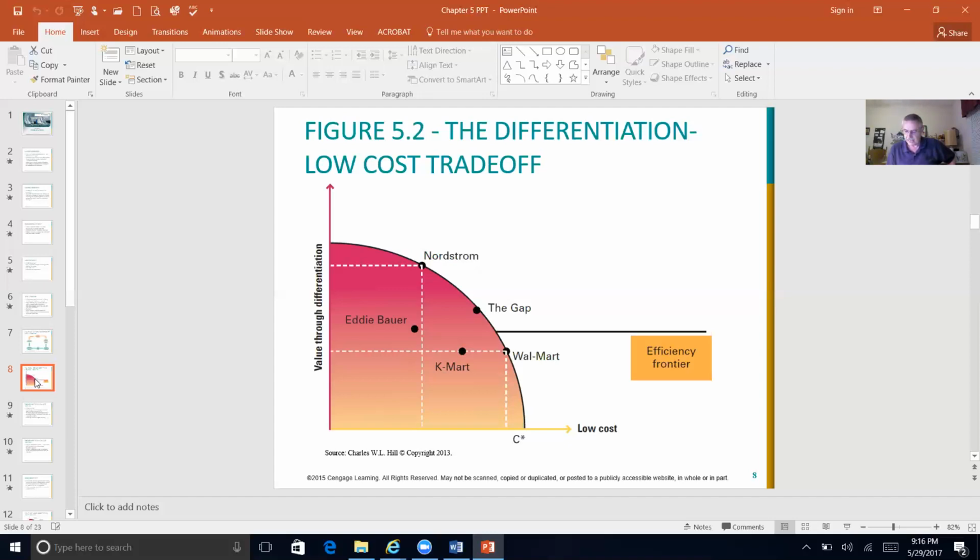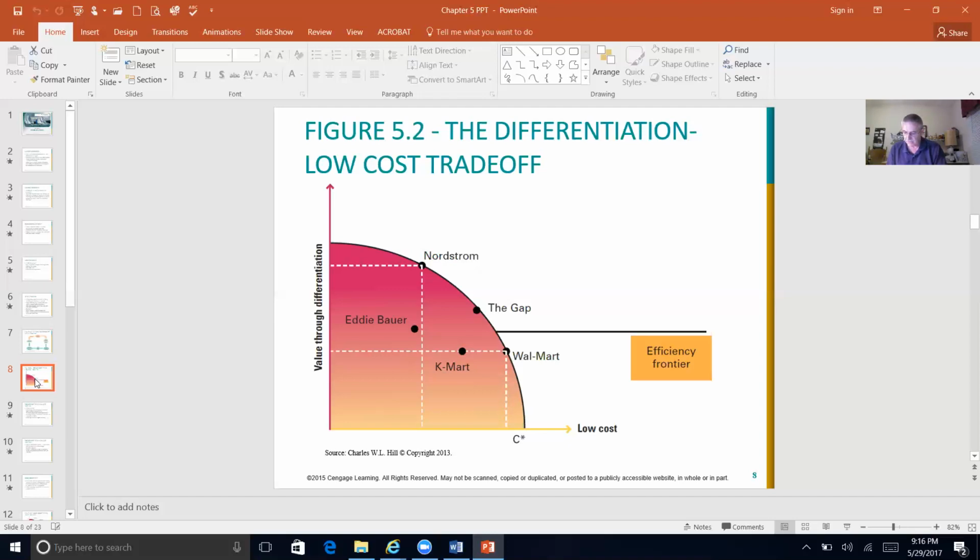And if you look at this convex shape, it is convex because it has diminishing returns, which implies that when an enterprise already has a significant differentiation built into its product offering, increasing differentiation by relatively small amounts requires significant additional cost.